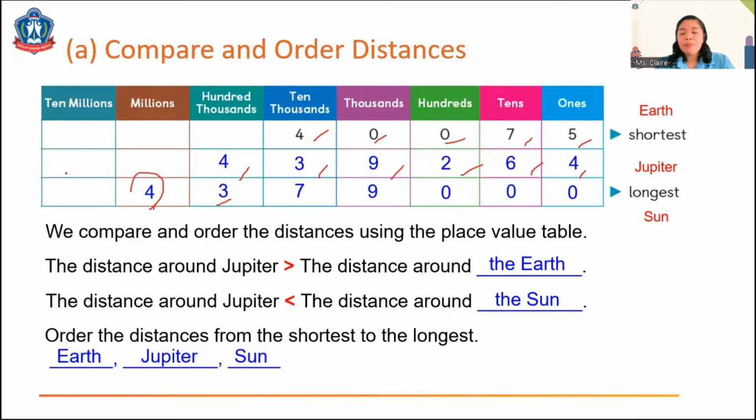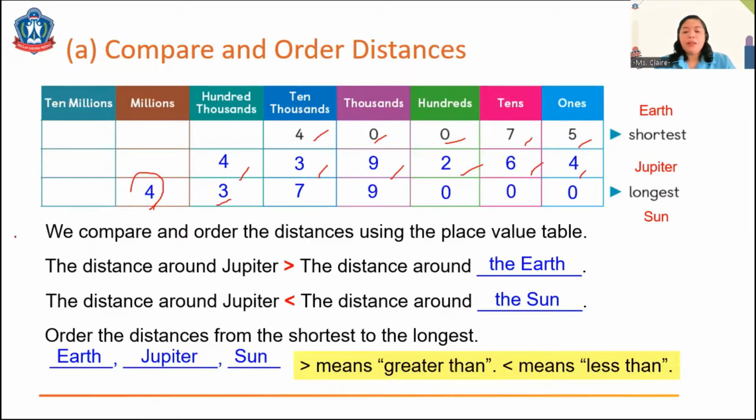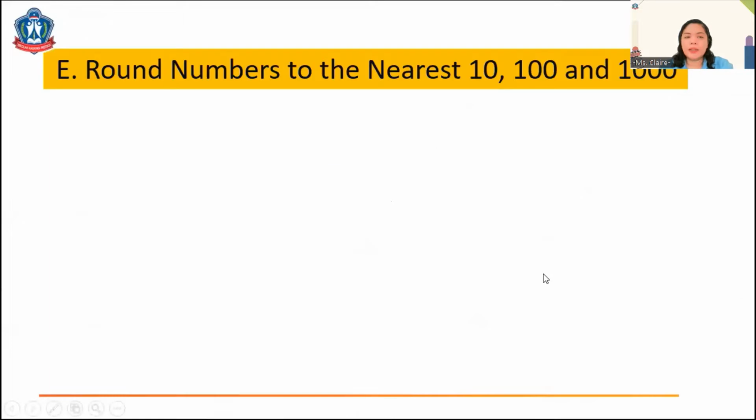Remember, million has 7 digits. So the number is big. Okay, so take note of that. This symbol means greater than, and this symbol means less than. Take note.